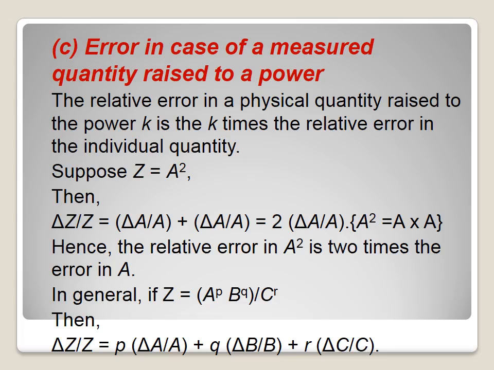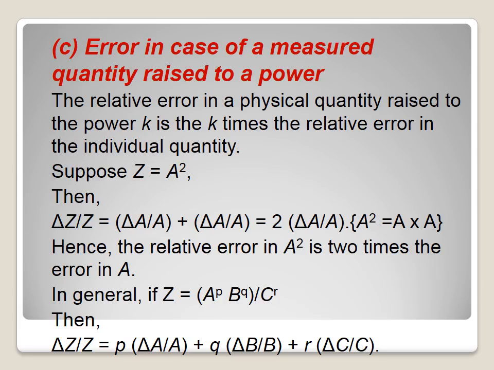Here the rule used shows this property: the relative error in a physical quantity raised to the power k is k times the relative error in the individual quantity. Suppose Z is equal to A square.